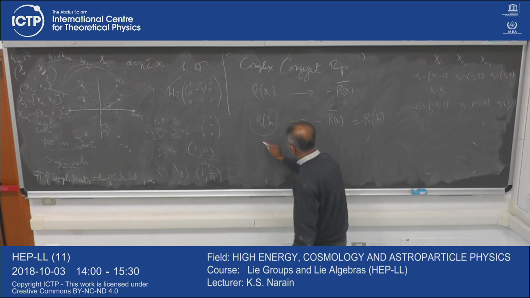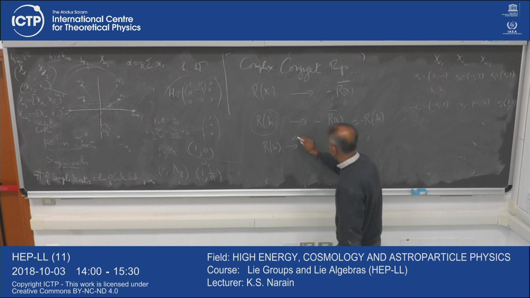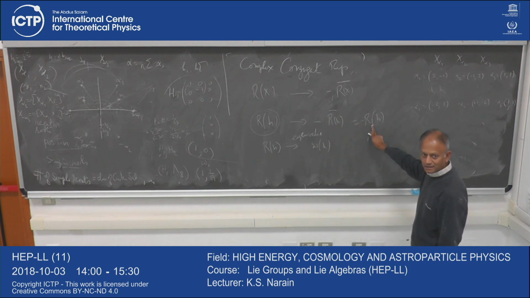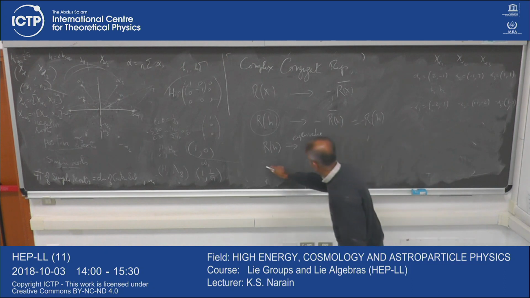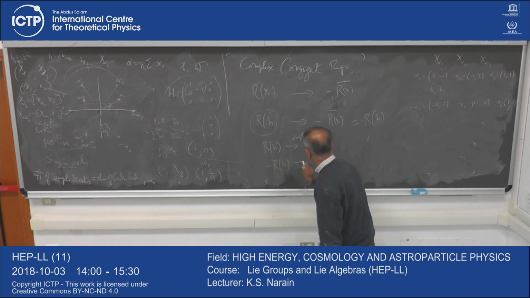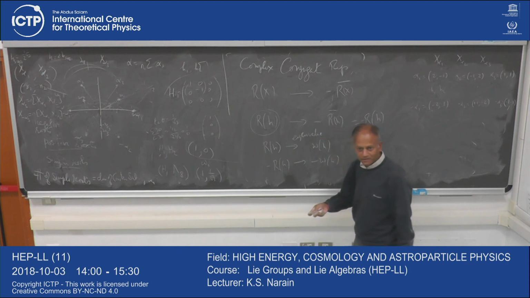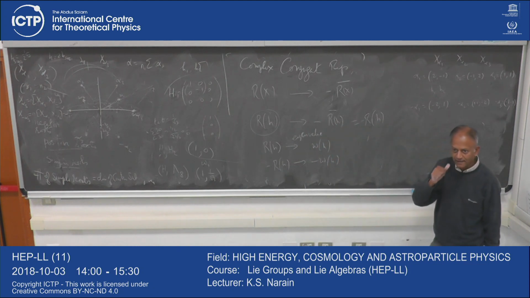So what does it mean? If on some state R of H had the eigenvalue W of H, then in the complex conjugate representation, minus R of H, it is simply minus W of H. So the weights will just become negative.